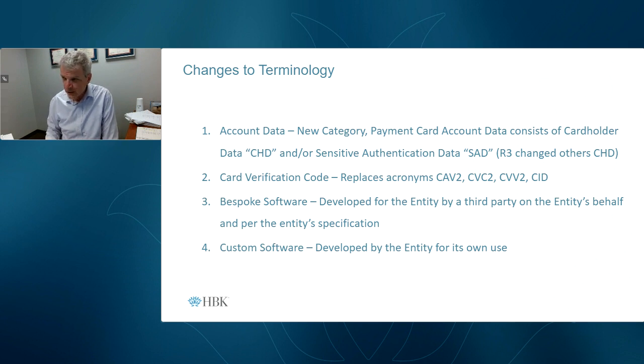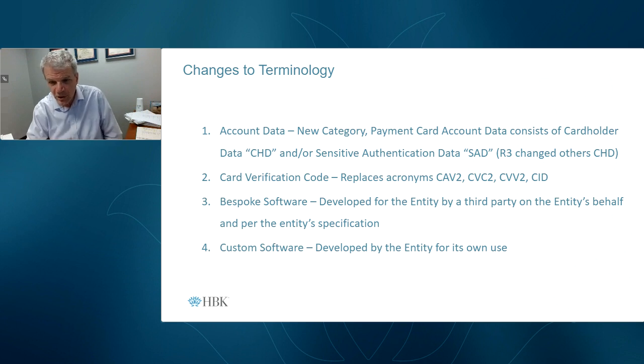Version 3.2.1 has been officially retired. So the terminology changes that have come into play: you've got account data, which replaces some of the payment card account terms. It's all called account data now.